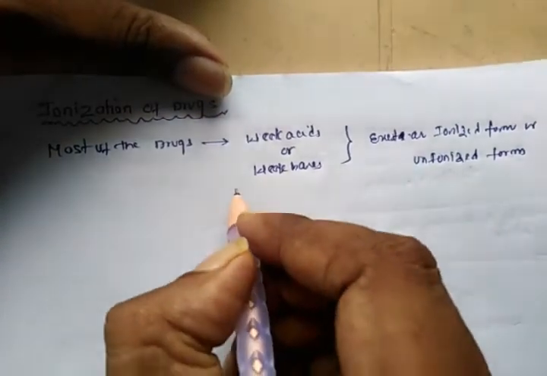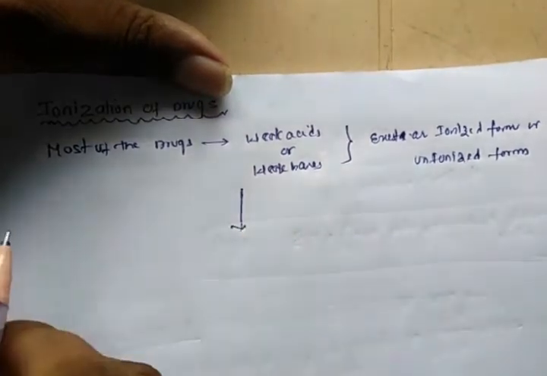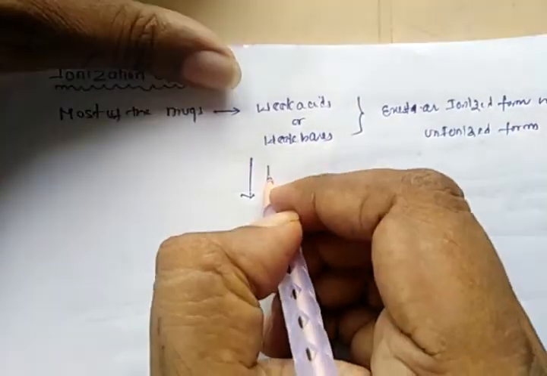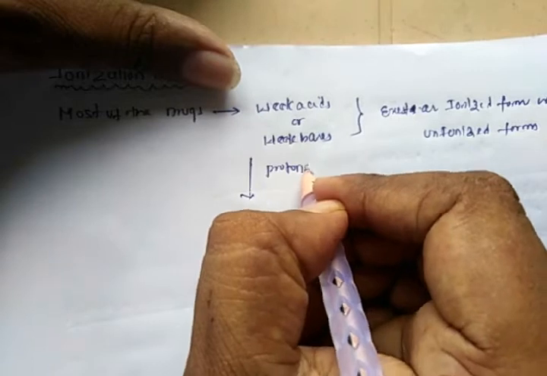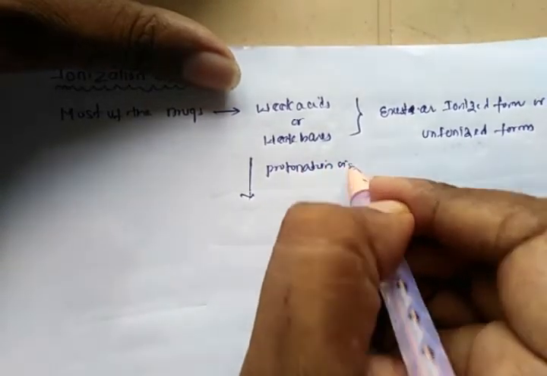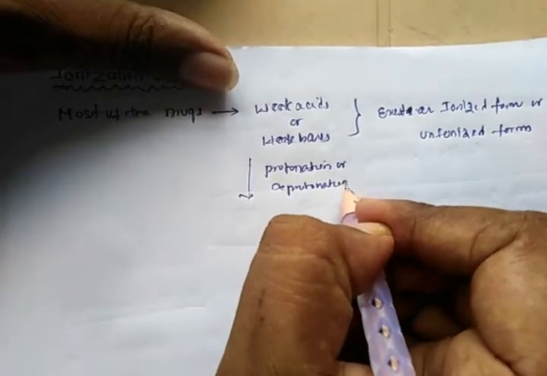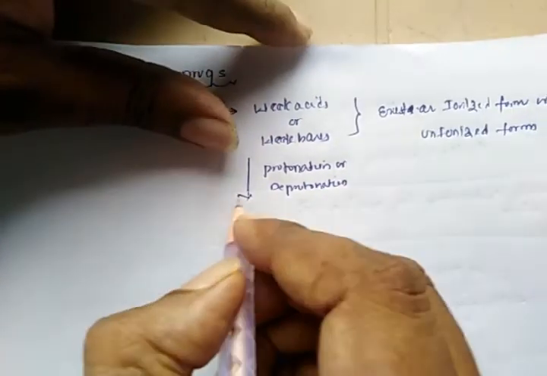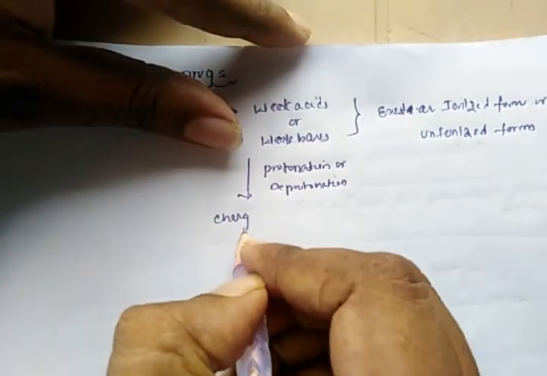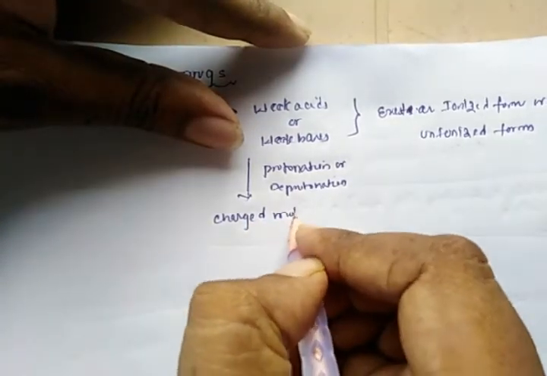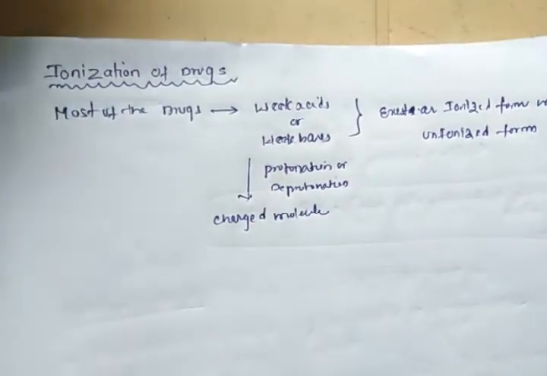So these weak acids or weak bases undergo protonation or deprotonation to give charged molecules. This is about ionization.